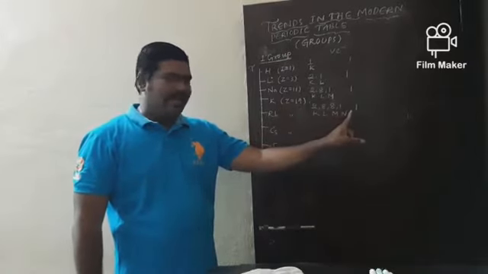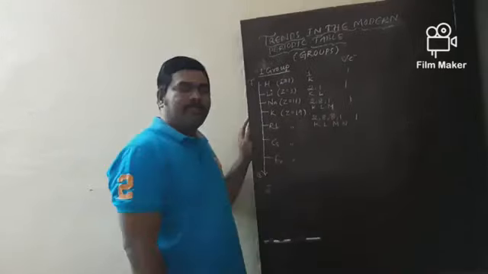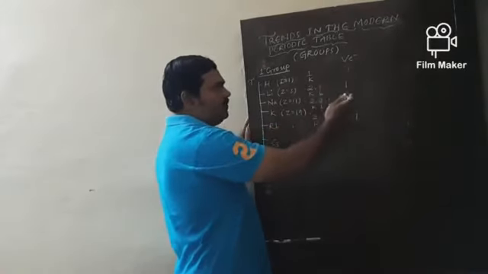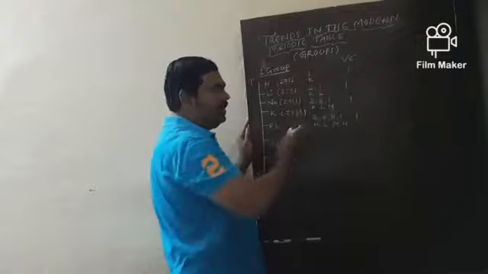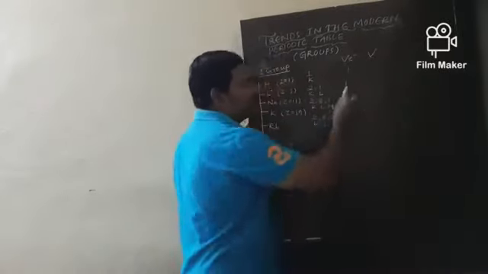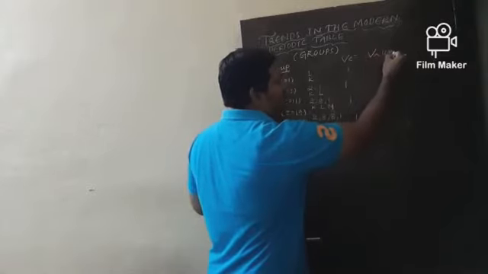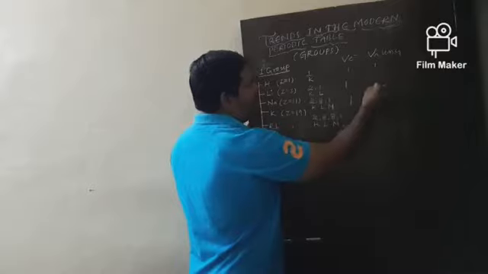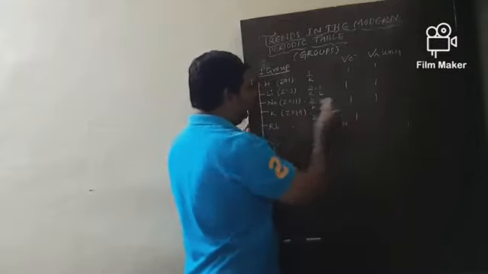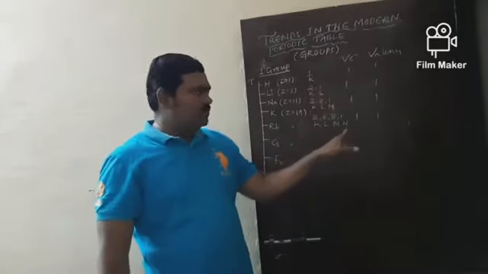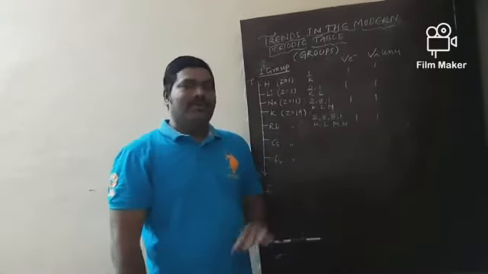Got my point? So the valence electrons are 1, 1, 1, 1 in all the outermost shells. Now coming to valency. What is the valency of hydrogen? 1, lithium 1, sodium also 1, potassium also 1. So valence electrons over, valency also over.